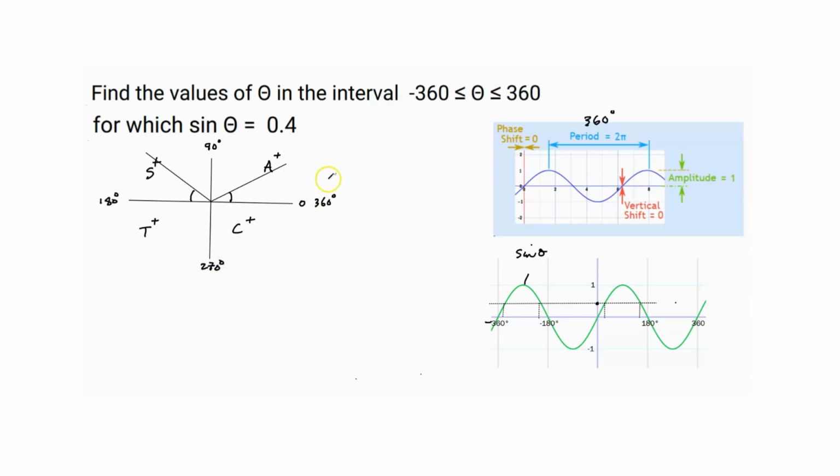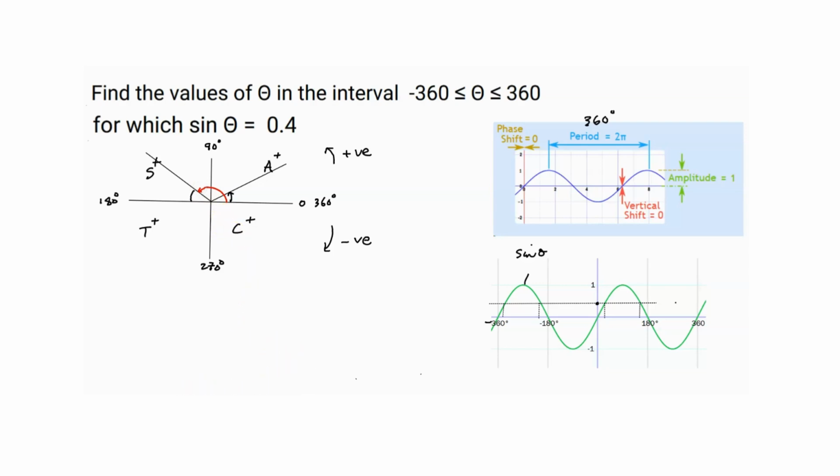Now it's important to note that going in the anti-clockwise direction, we take that as positive, and going in the clockwise direction, we take this as negative. Okay? So now let us look at the positive values for theta. Our first positive value would be this angle. Our next positive value would be from 0 to this angle here.